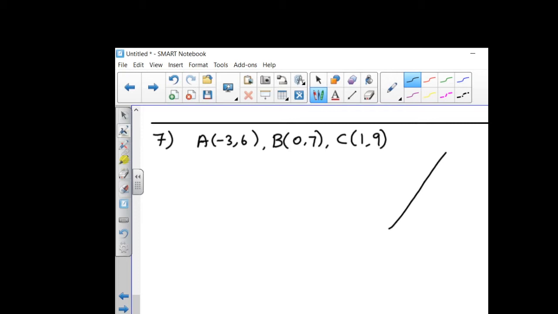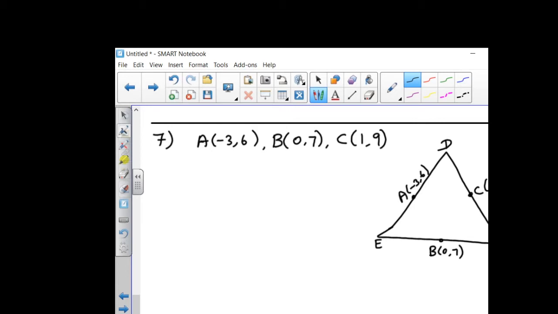So first you can make a triangle DEF. So it is a midpoint of DE and EF and FD. You can take this as A. That A point is minus 3, 6 and B point is 0, 7 and C point is 1, 9.